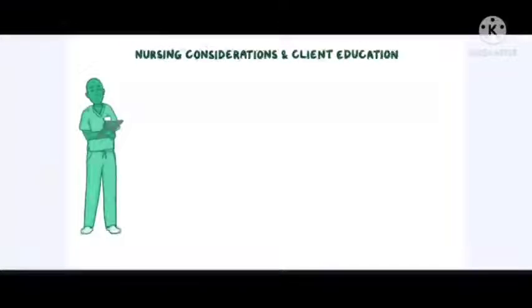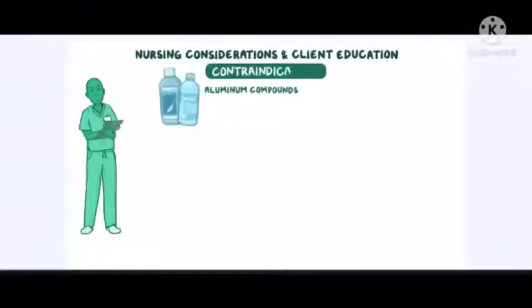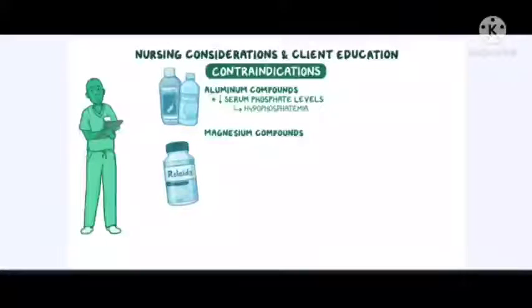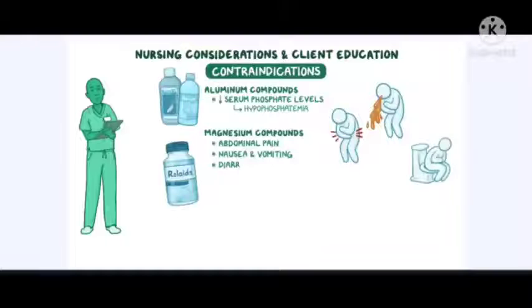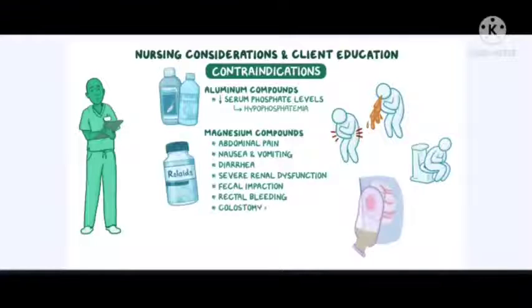There are several important contraindications that should be considered before administering antacids to clients. Aluminum compounds, for example, are contraindicated in clients with low serum phosphate levels because the addition of aluminum can lead to hypophosphatemia. Magnesium compounds should be avoided in clients with abdominal pain, nausea and vomiting, diarrhea, severe renal dysfunction, fecal impaction, rectal bleeding, and if they have a colostomy or ileostomy in place.